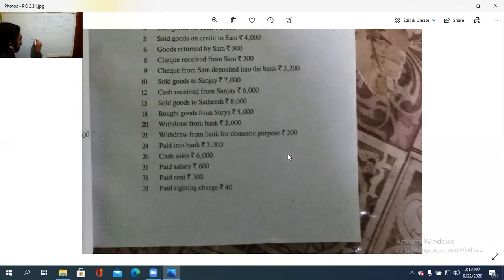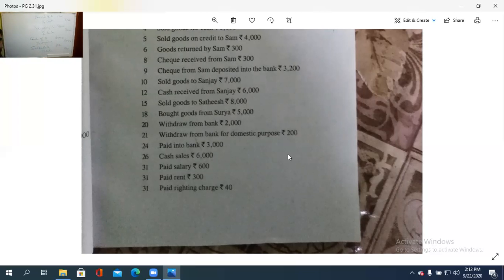In the entry, yes, cash account debit to Sanjay, that is 6,000. Then sold goods to Satish, so that is also a credit sale. Satish debit to sales. How much is it? 8,000.